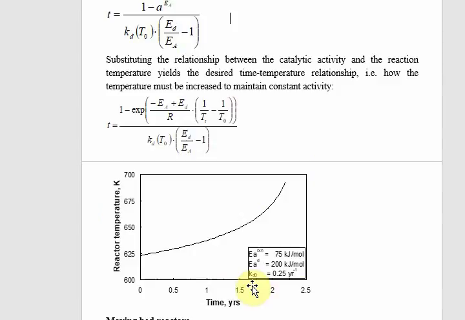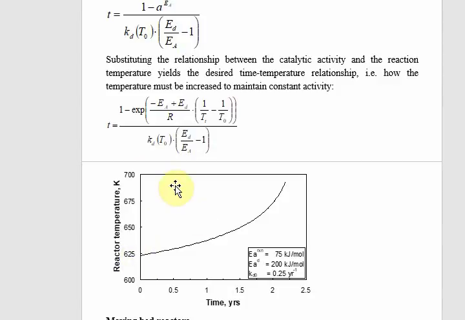Should be quite doable. So you could also say that the material safety also guides you as to how long you could keep doing this. So for this strategy where we just increase temperature to maintain activity, we can look up, what's the tolerance of my materials for this reactor.